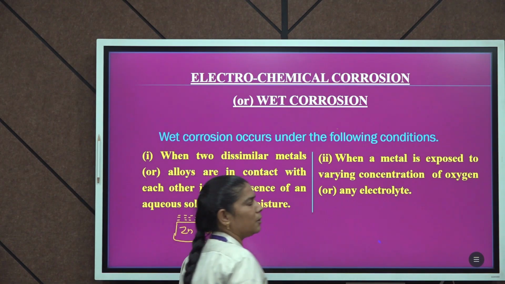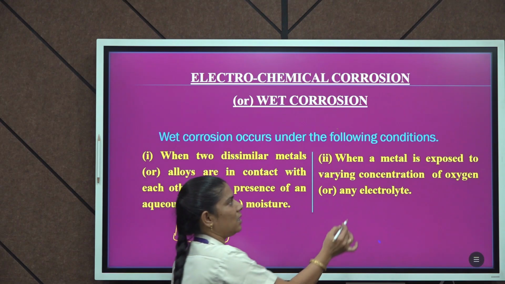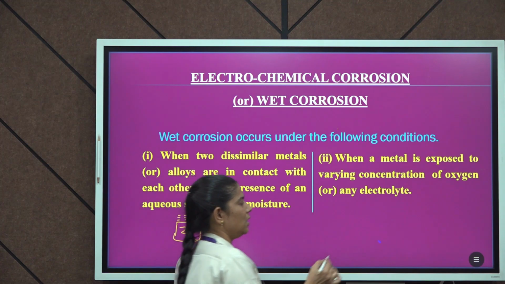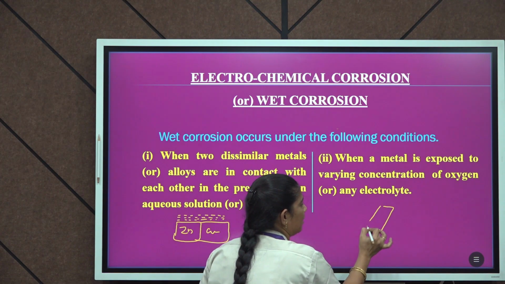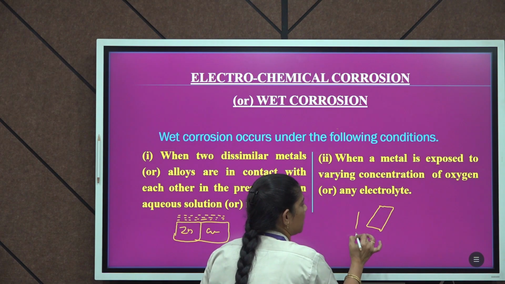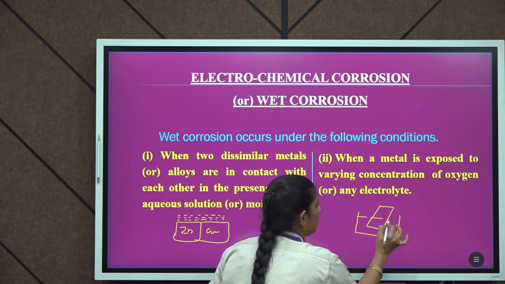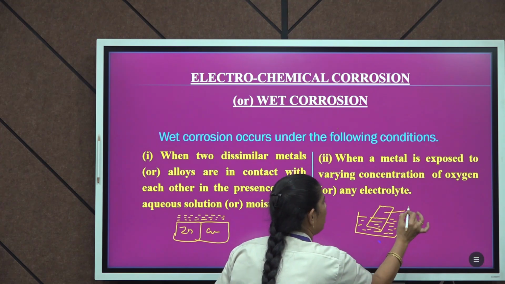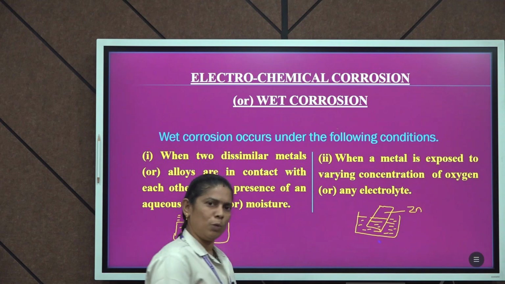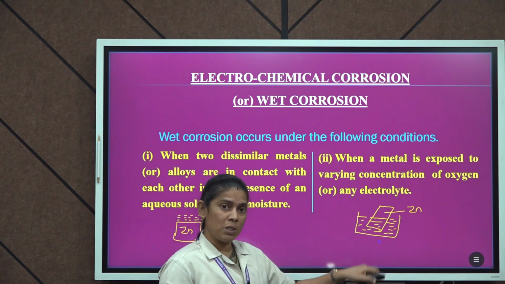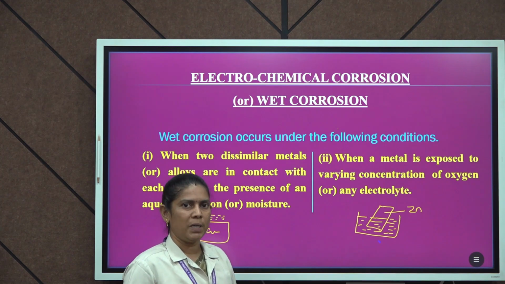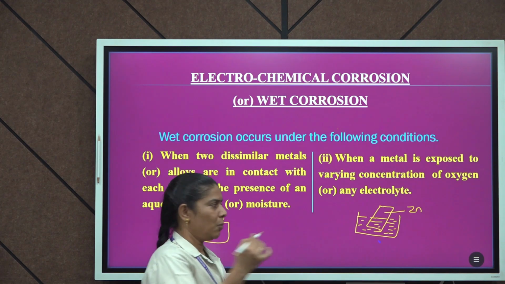And the second condition: a metal is exposed to varying concentration of an electrolyte. Consider this as a metal, partially immersed in an electrolyte. It is not a bimetal, it is a single, homogeneous metal. But this homogeneous metal is partially immersed in an electrolyte, that is, an aqueous medium, and the rest of the portion is above the surface.